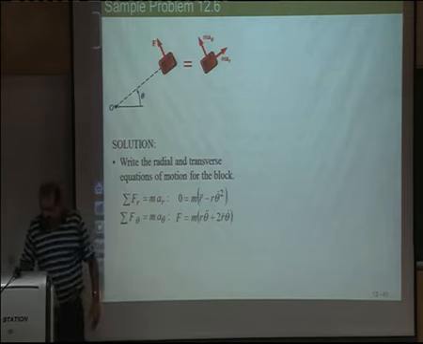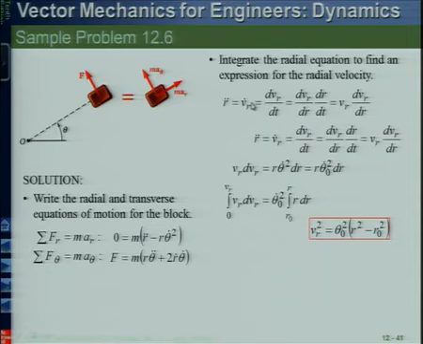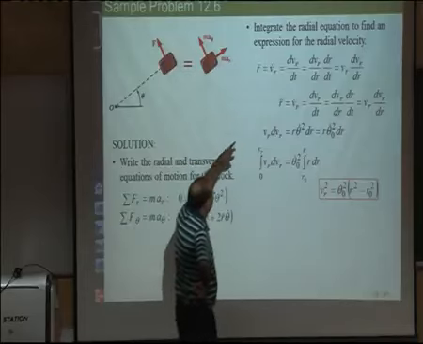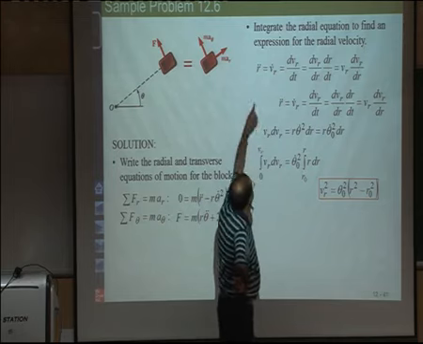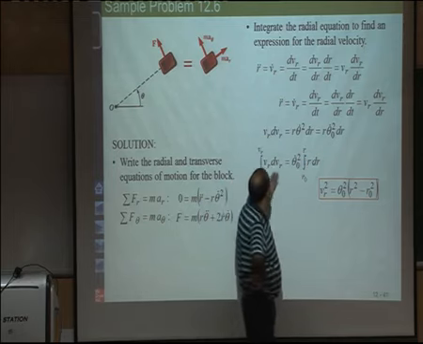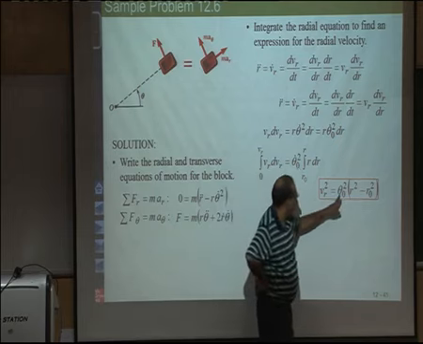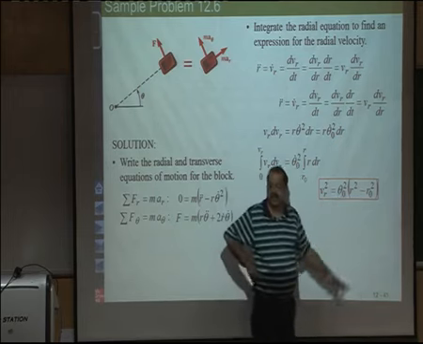So we look at the equation. First we get to the radial equation for r double dot, and we write it in a slightly different way, the work-energy formulation type of way. Vr dot, which is r double dot, is dVr by dt, so dVr by dr times dr by dt, so Vr dVr by dr. And therefore this can be written as r double dot equals Vr dVr by dr. Theta dot is constant, so basically what we will get is Vr square is equal to theta dot square times r square.